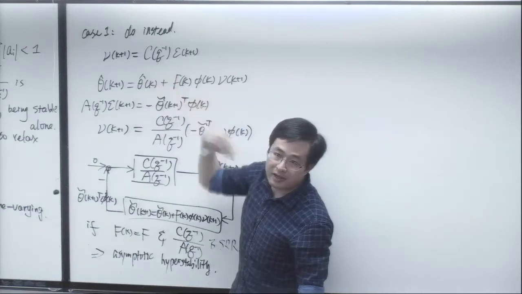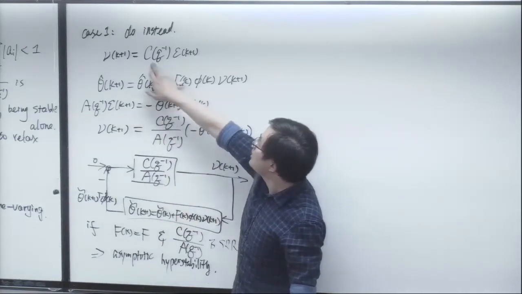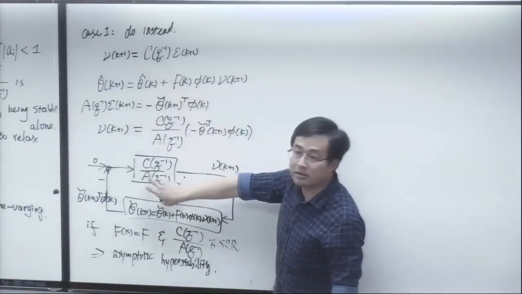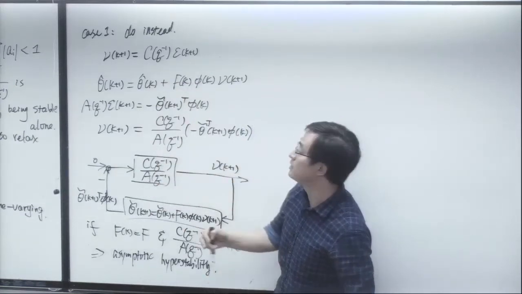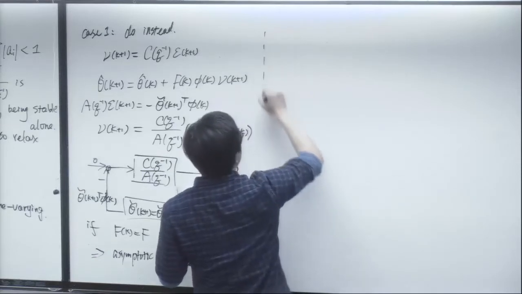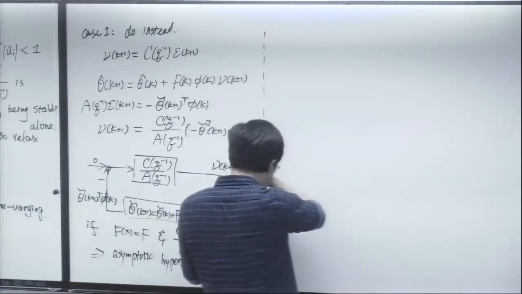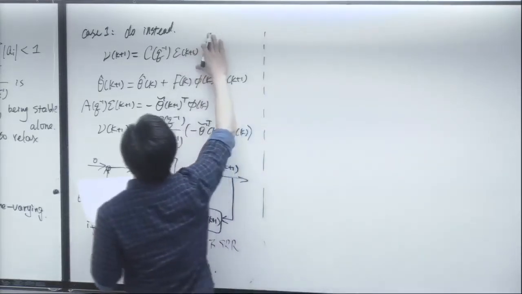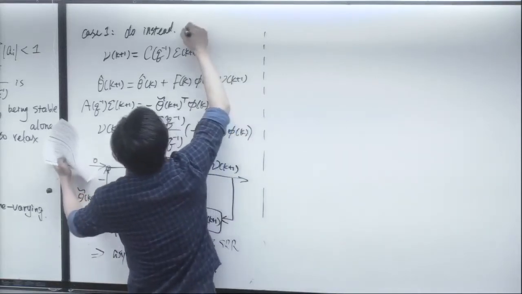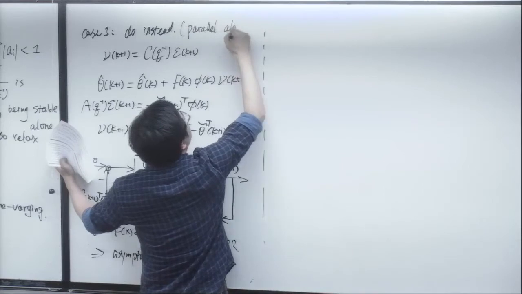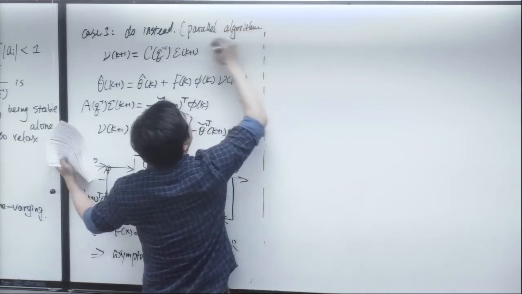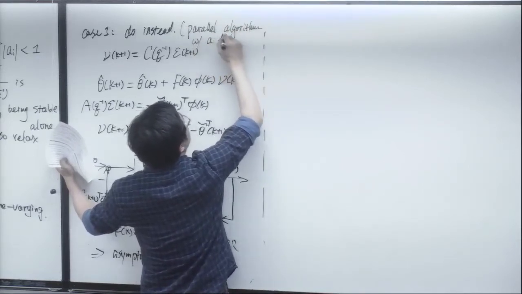And ideally, if I do it correctly, C will converge to A, and then we're going to have the SPR condition assured. So that's the concept. In details, that's an approach. So this is called a parallel algorithm with a fixed compensator.